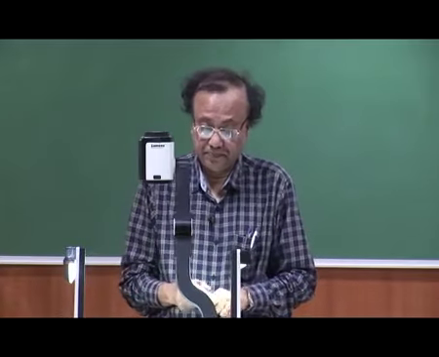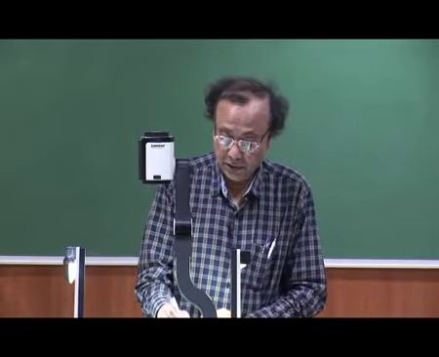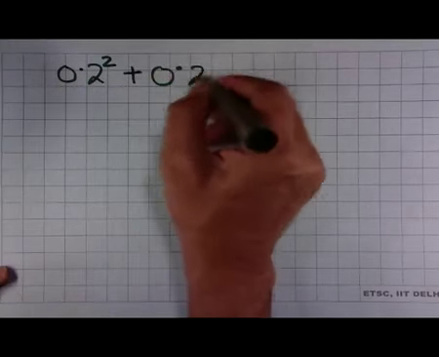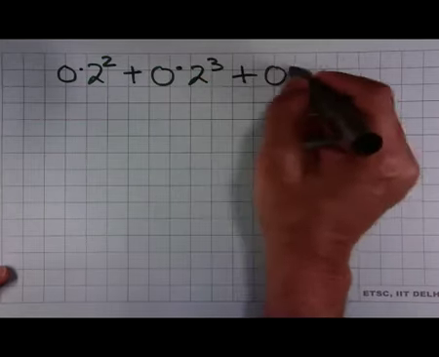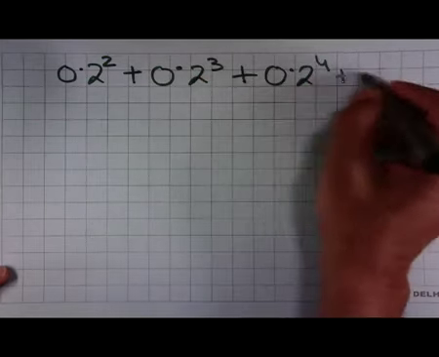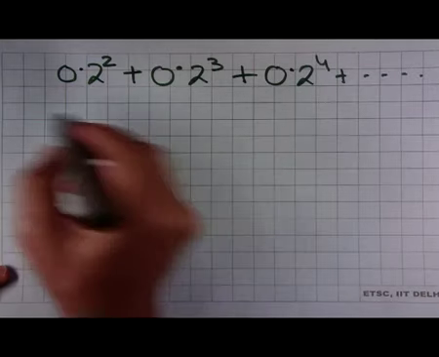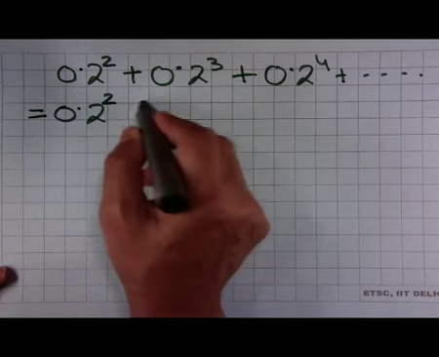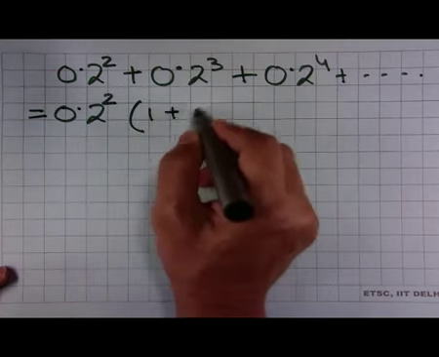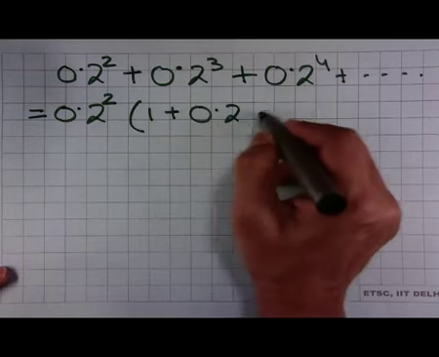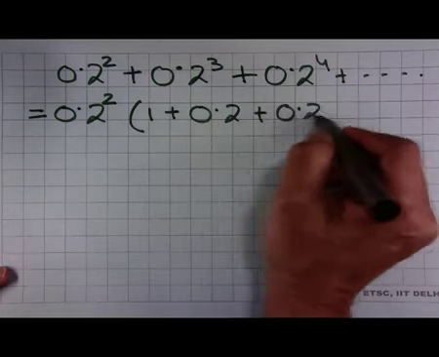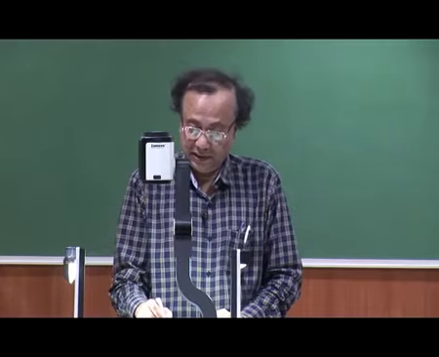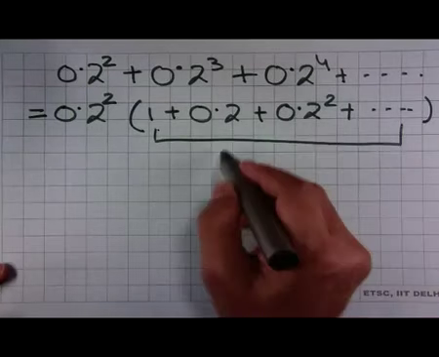This sum is 0.2 square plus 0.2 cube plus 0.2 to the power 4 plus this infinite sum, which is equal to, if we take 0.2 square common, 0.2 square times (1 plus 0.2 plus 0.2 square and so on), and this is a GP series.